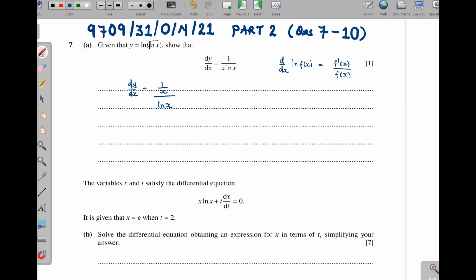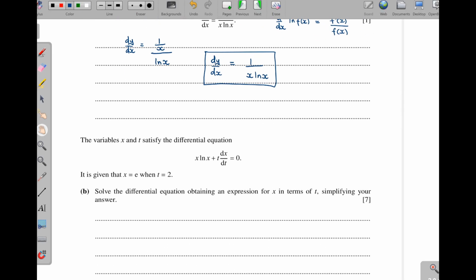So remember, this one is contained in here. So I differentiate this, which gives me 1 over x. Then I divide by that same function, just like I said here. So this therefore implies that our dy dx is going to be 1 out of, this one will multiply with this. Then we have x natural log of x, as simple as that.